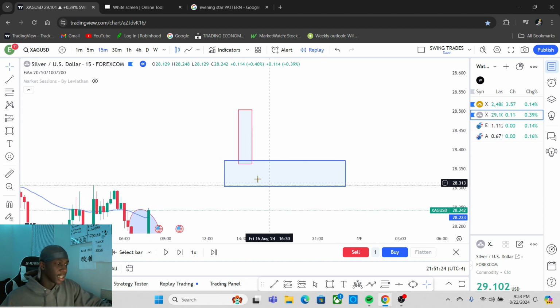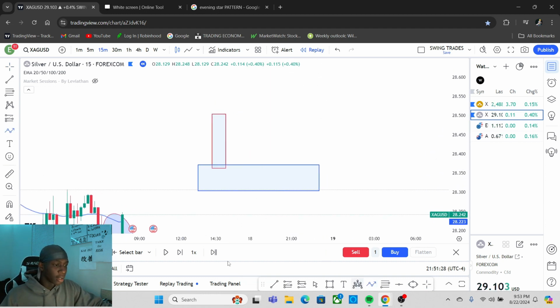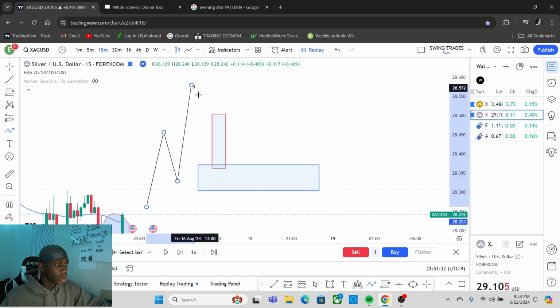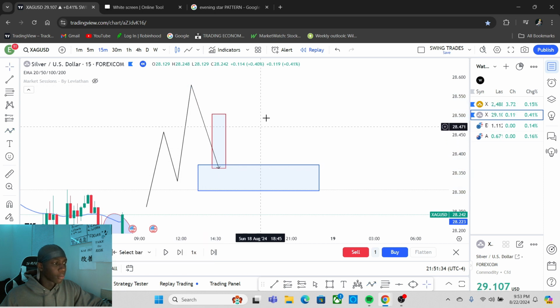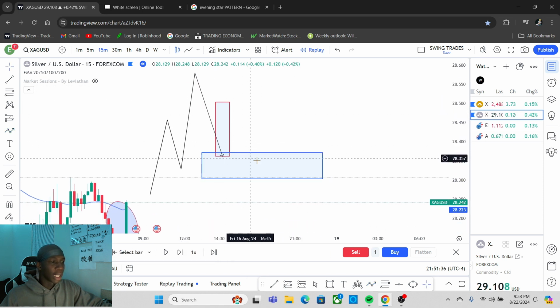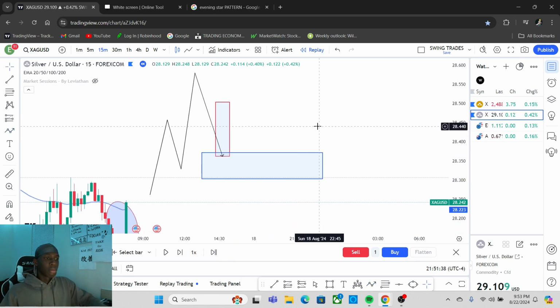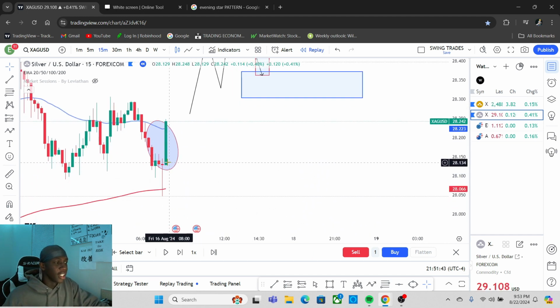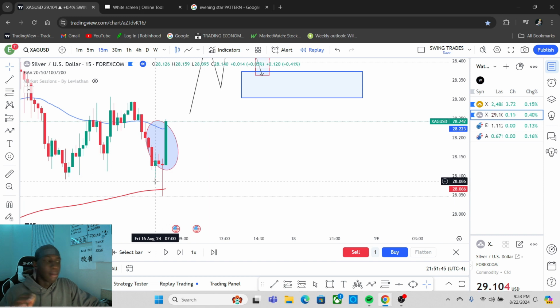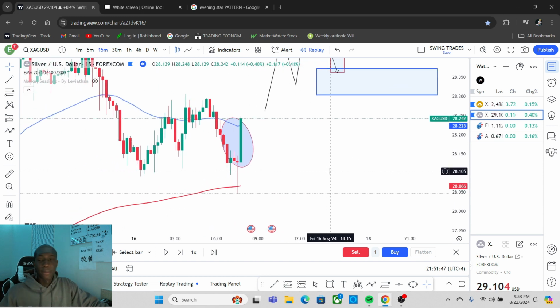So let's say there's an area of interest that I want to buy from. Price pulls back, price pullback right here. This candlestick tells me, okay, price is at the area of interest that I wanted. Then the second candlestick needs to be a hammer or a pin bar. Now, what is a hammer or pin bar?